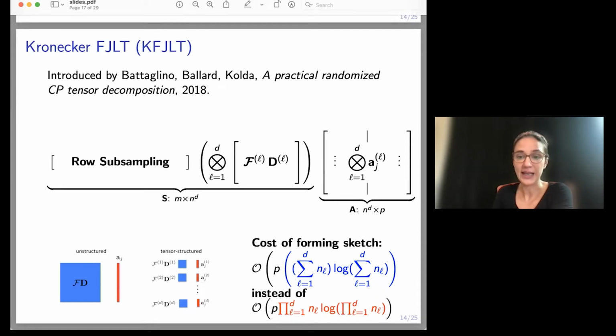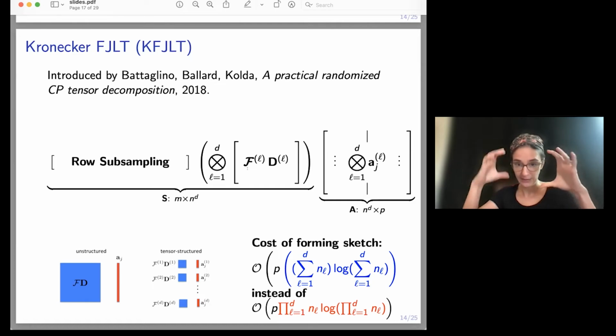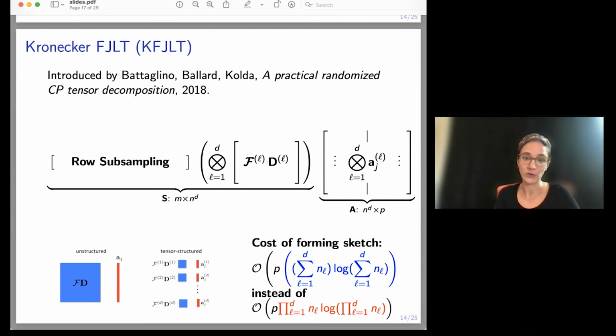So if A has columns which are these degree T tensor products, then we take tensor products of little n by n discrete Fourier transforms with randomized column signs, and then we have a giant matrix that we subsample rows from uniformly at random.